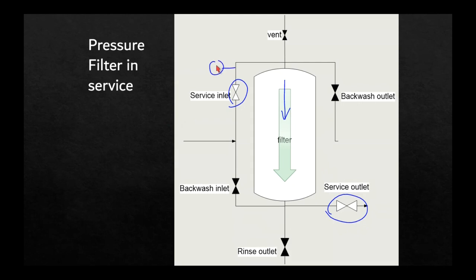So if I measure the inlet pressure and I measure the outlet pressure, I'm going to record that, and backwash is going to be based upon a delta P. And so you'll have a manual that says, when the delta P across the pressure filter reaches this, or every 24 hours, you need to backwash the filters.